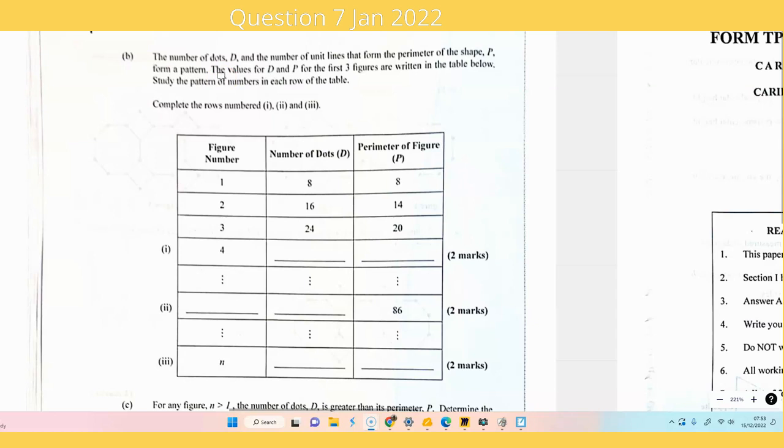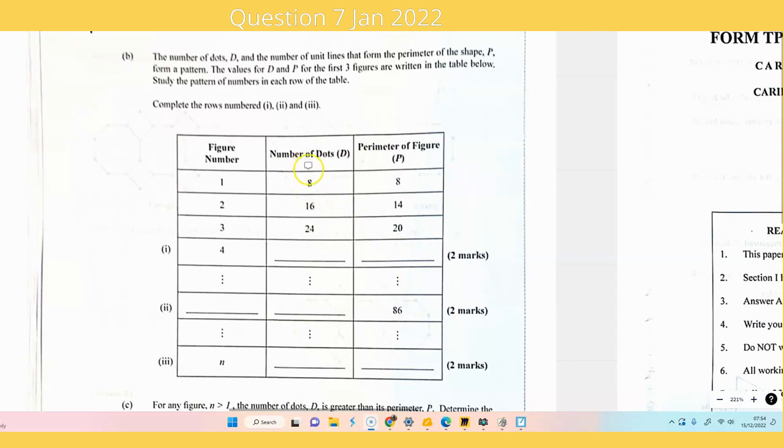The values for D and P for the first 3 figures are in the table here, and you are required to study the pattern in each row for the table and complete the rows 1, 2, and 3. In the first column we have the figure number starting from 1 to n, in the second column we have the number of dots, and in the third column we have the perimeter.